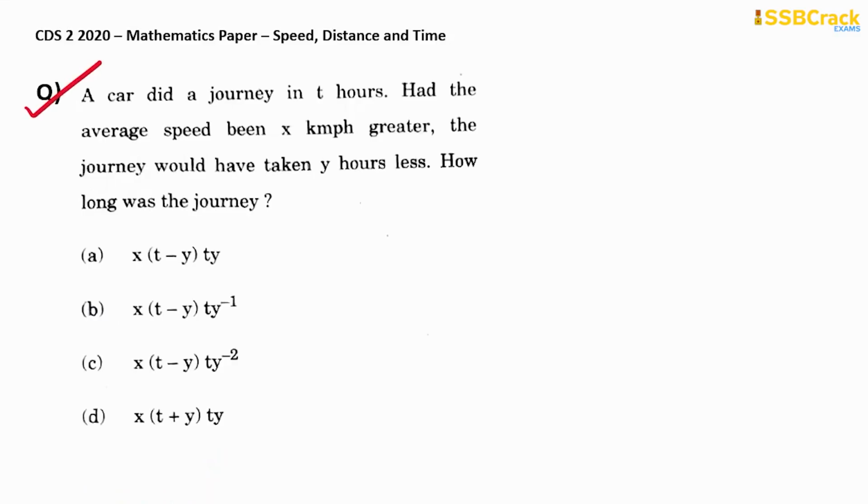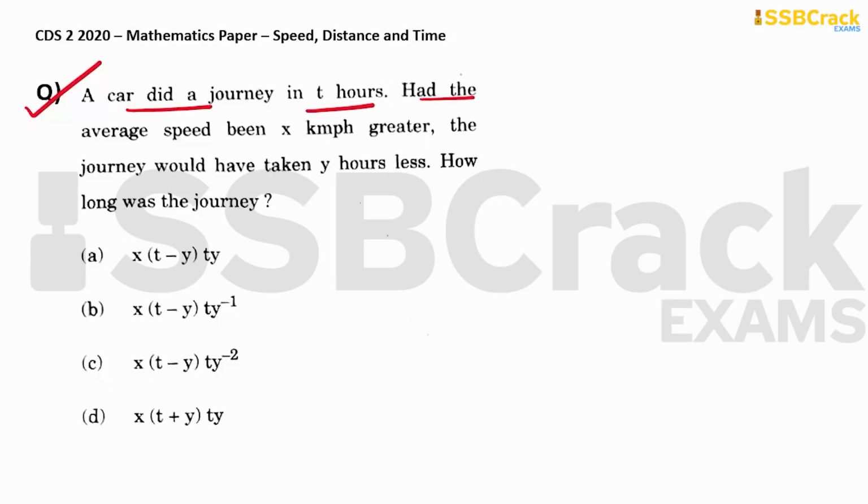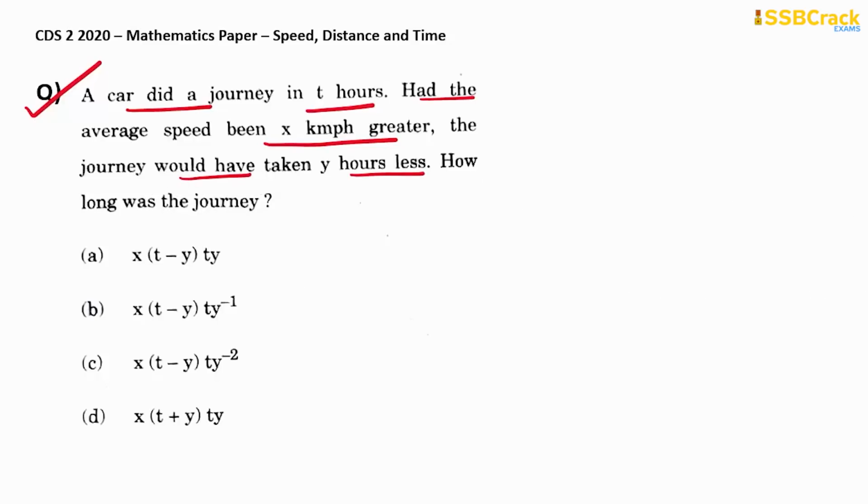Now, coming upon to the next question, and it states that a car did a journey in T hours. Had the average speed been X kilometers greater, the journey would have taken Y hours less. How long was the journey? Now, there are 4 options given. So, firstly, we will write the formula for the average speed.